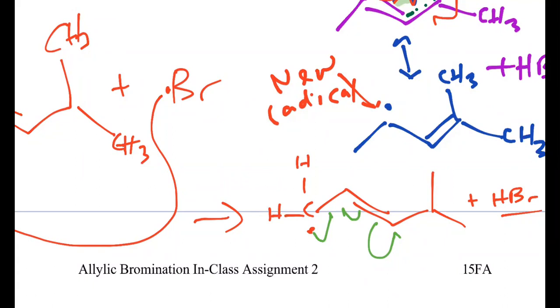Where's my new pi bond going to be now? Right next to the carbon. It's going to be right here, isn't it? Let me see if I can change the color. It's going to be here, isn't it? Yes. So I'm going to see if I can fit it in down here.